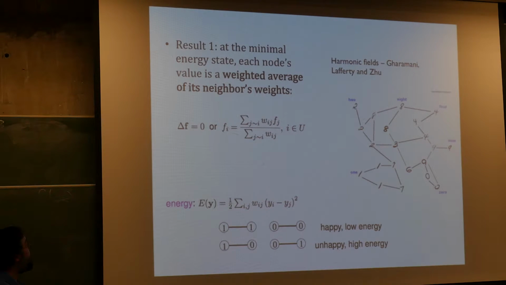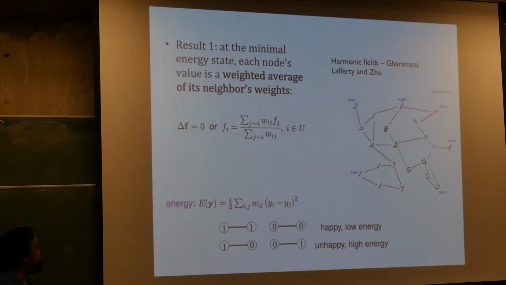In the gradient, what we're basically trying to do is make the value at each node the weighted average of its neighbors' weights. So if we look at a little area like this one, we can start out, the seeds will have a value. Let's say 2 is my positive class, so this has a value of 1, this has a value of 0.